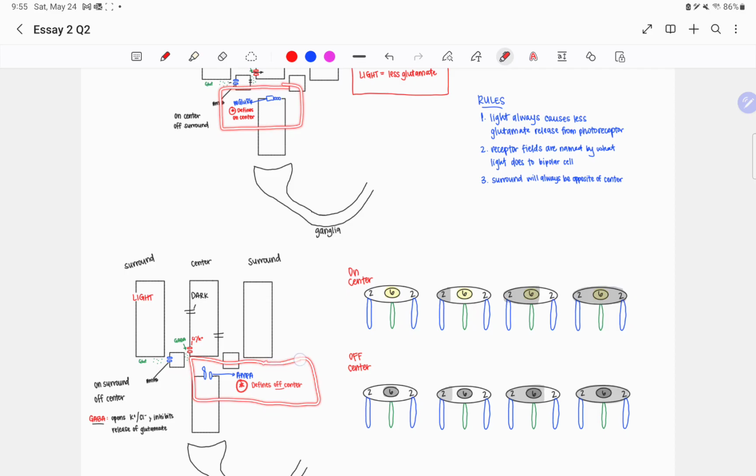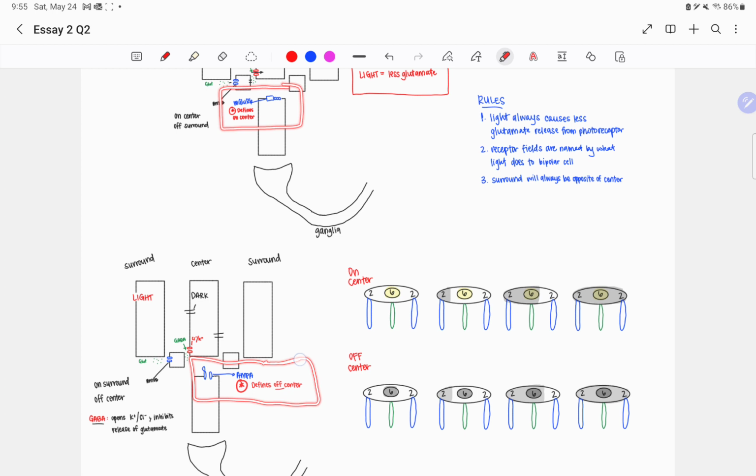So for on center, we have mGluR6, right? So when we have glutamate in there, mGluR6 turns off TRPM1. So then we have no action potential in the bipolar cell or the ganglia.